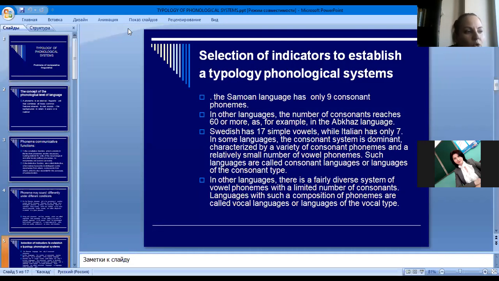Such languages are called consonant languages, or languages of the consonant type. In other languages, there is a fairly diverse system of vowel phonemes with a limited number of consonants. Such languages, by the composition of phonemes, are called vocal languages, or languages of the vocal type.